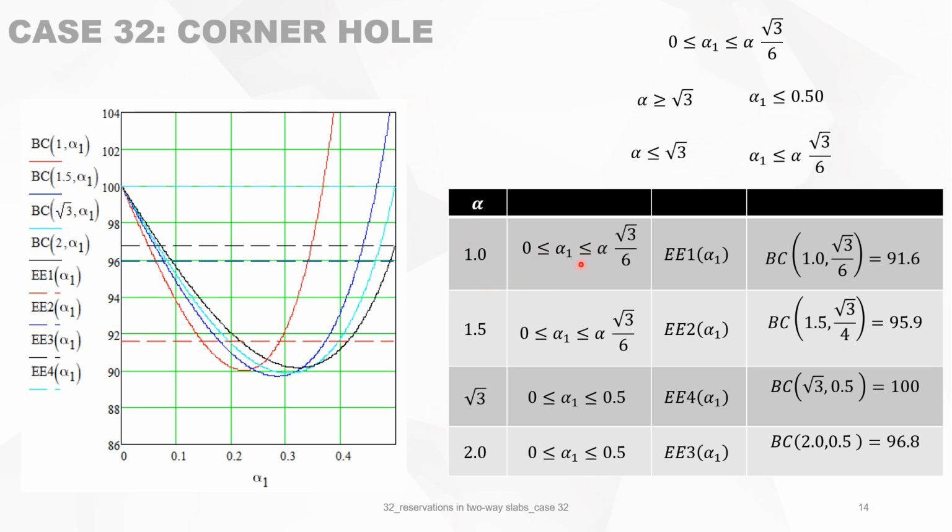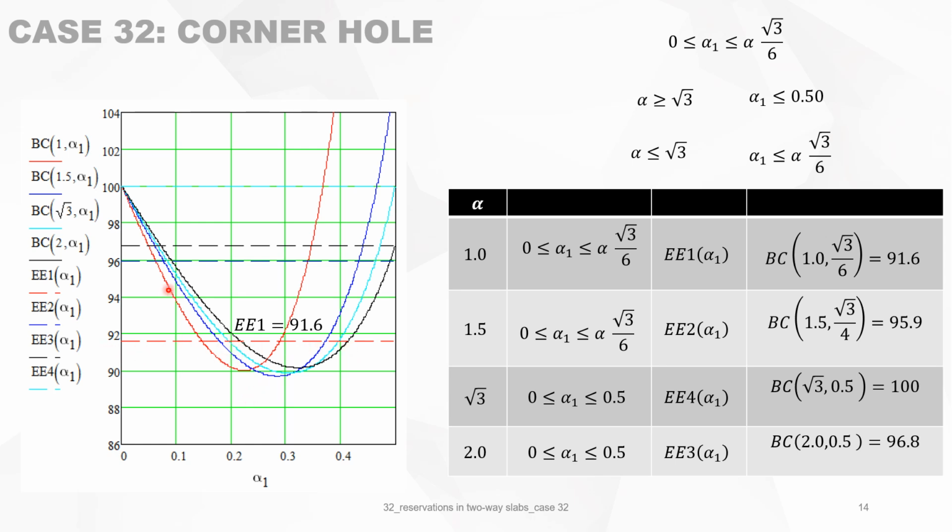Now we can make a small study of it. For instance, for alpha equals to 1, we look at this expression and we call E1 equal to the bearing capacity of alpha is 1, and square root of 6 is 91.6. So this is this line, this horizontal line.